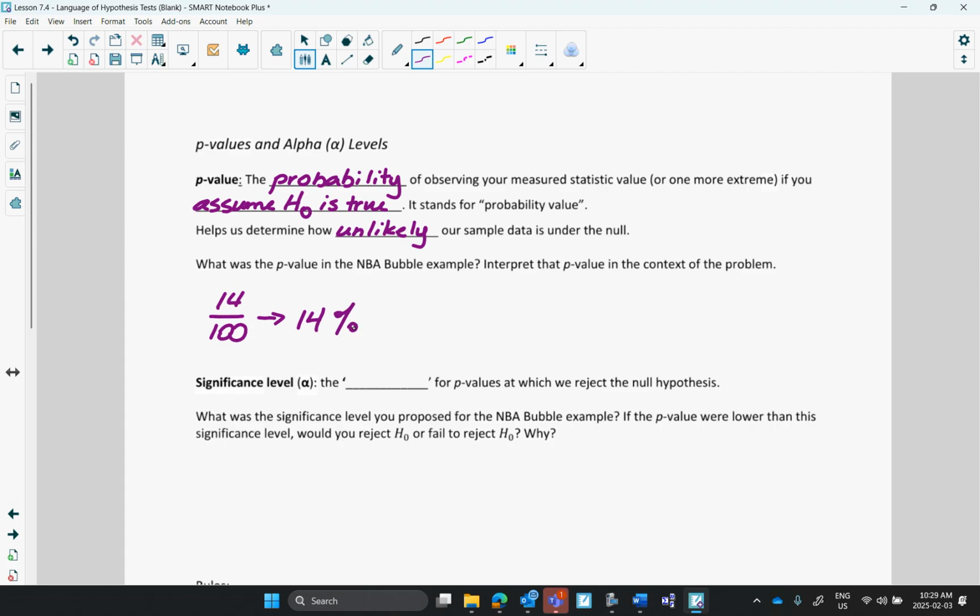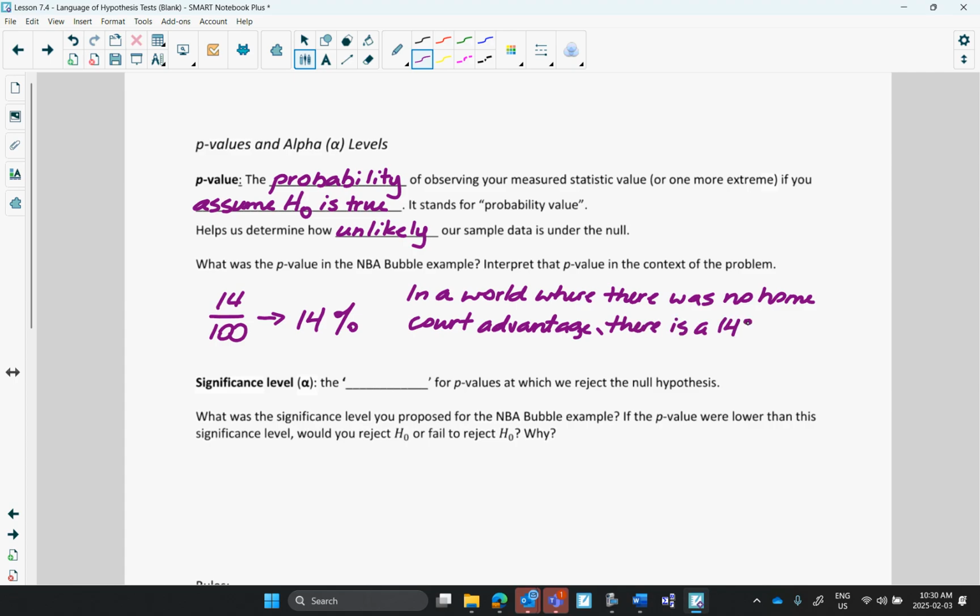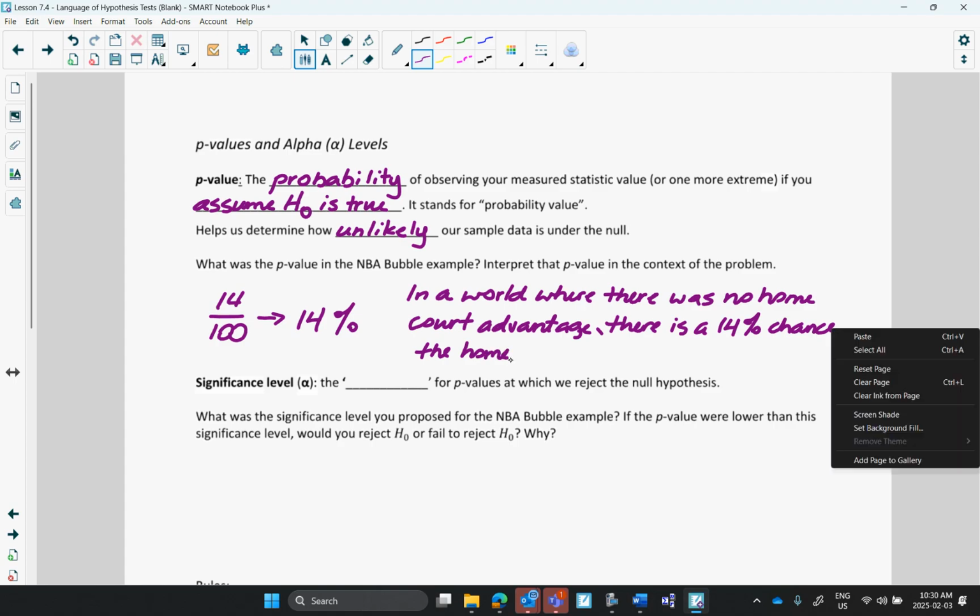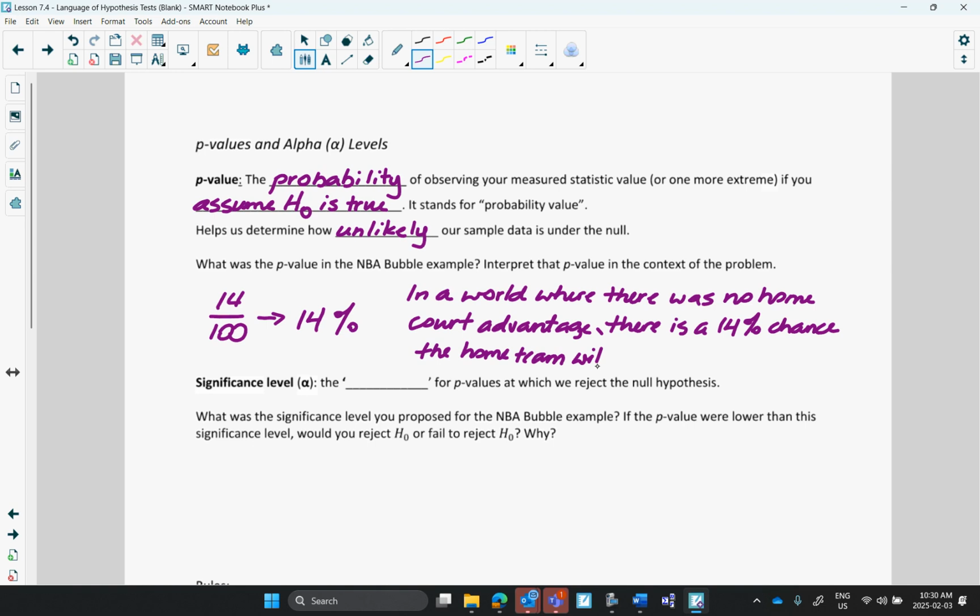Okay, so interpret it, well, in a world where there's no home court advantage, there is a 14% chance the home team will win 56% or more of the time. That's what that means.